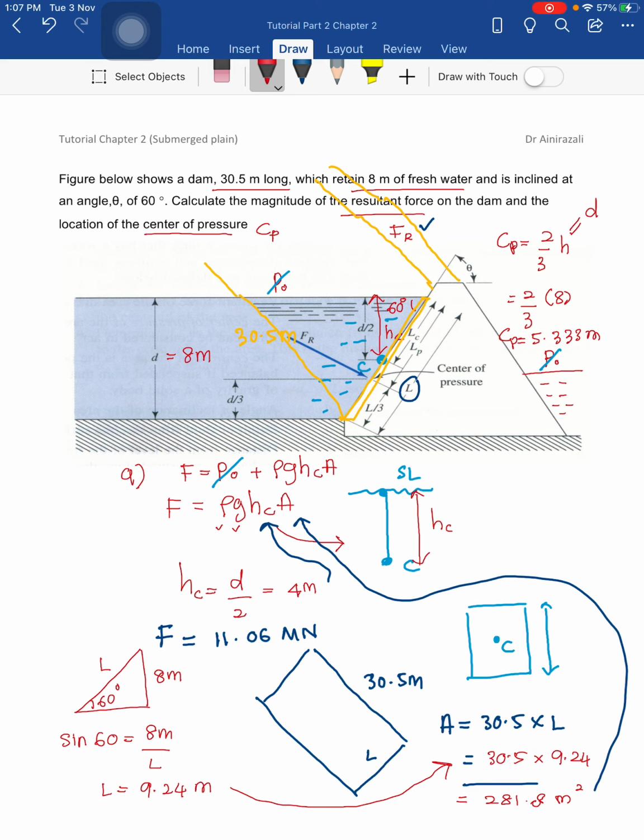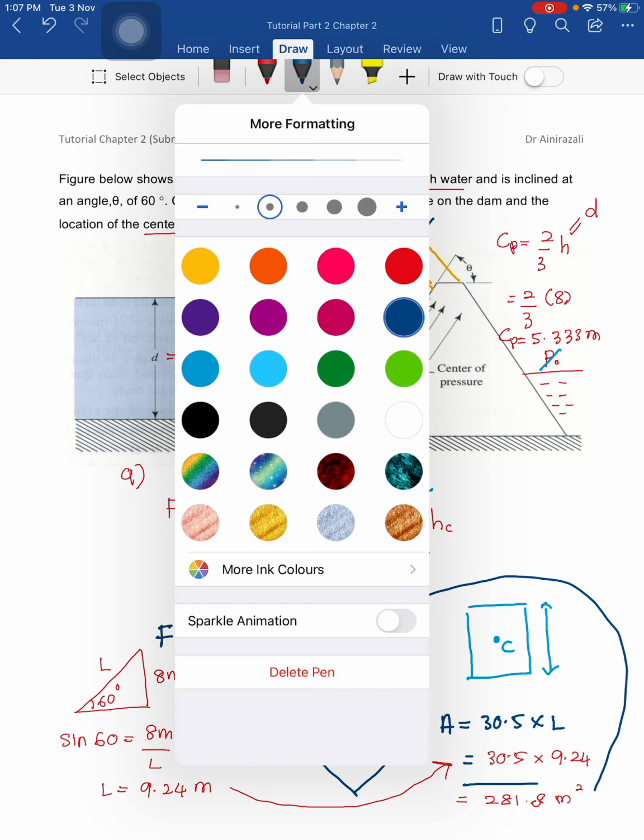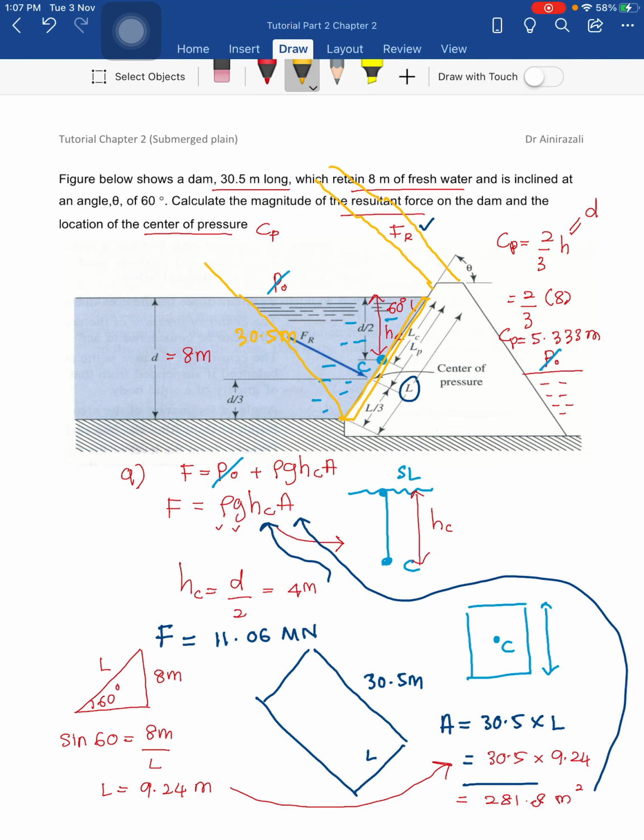That's the CP. But in most cases you have to calculate the CP from the Y view, which means with the angle. The value of the CP you obtained just now is from here to this surface, that is 5.33.